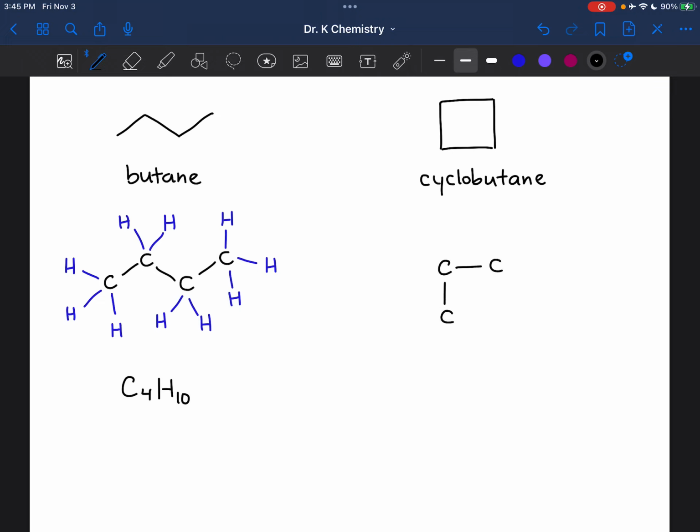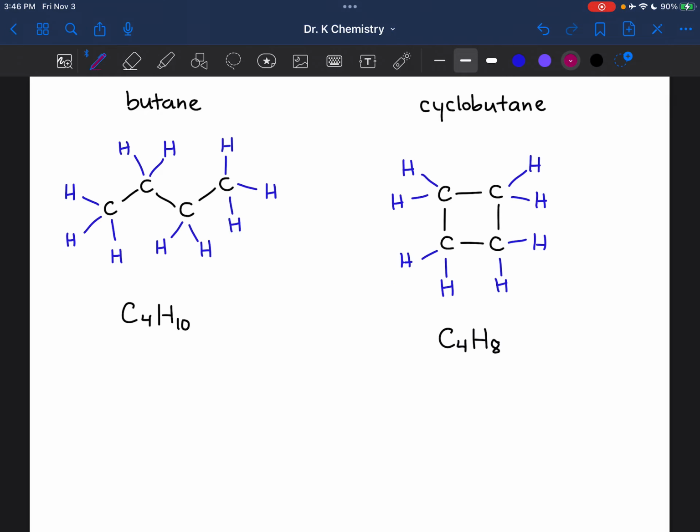And then I'll do the same thing with cyclobutane. Here I see that the carbons all connect to each other. So each carbon in this molecule already has 2 bonds, which means that each carbon only needs 2 hydrogens to complete its octet. And if I do the same thing here and I turn that into a molecular formula, I see that there are 4 carbons and 8 hydrogens.